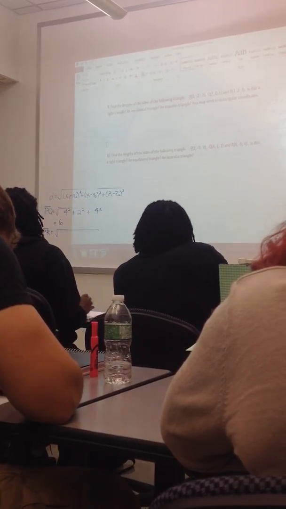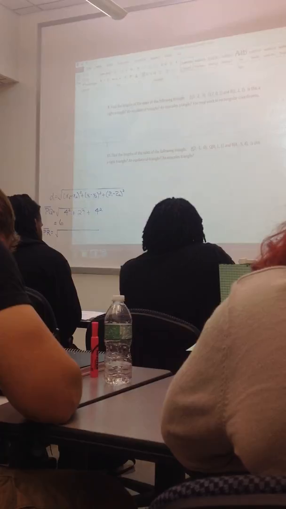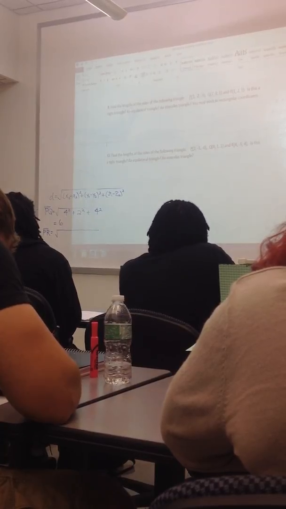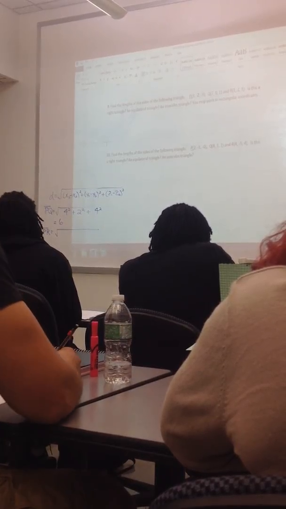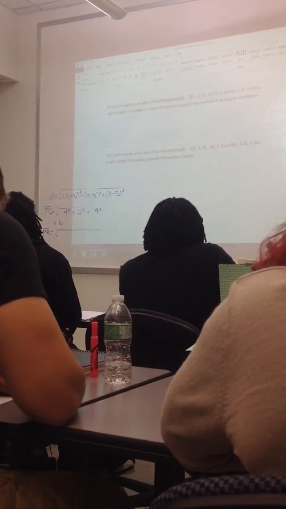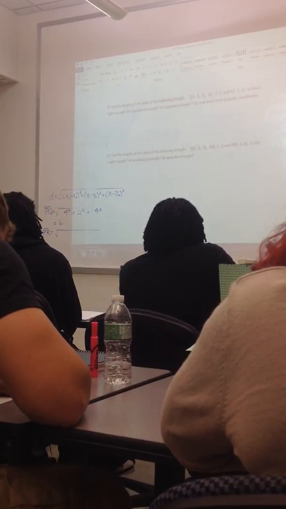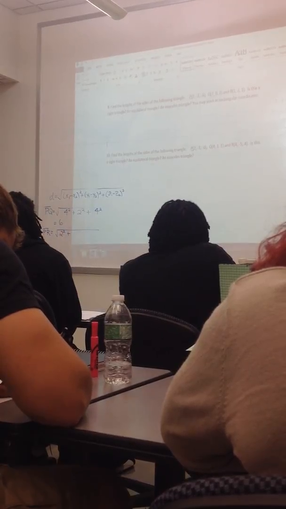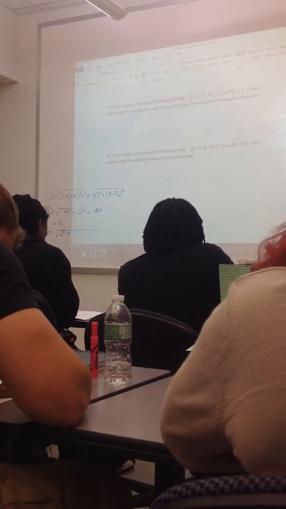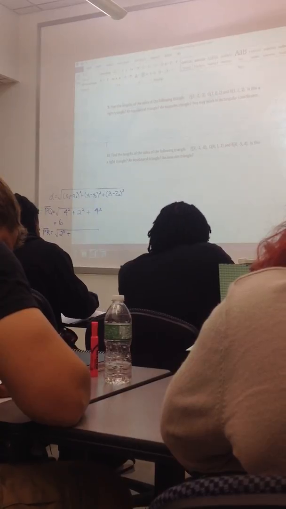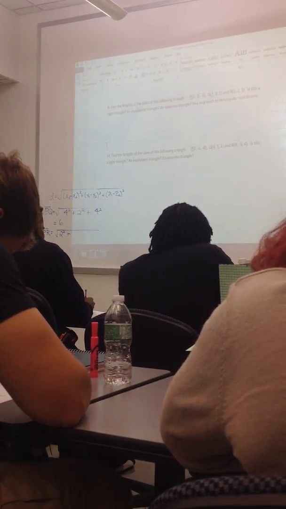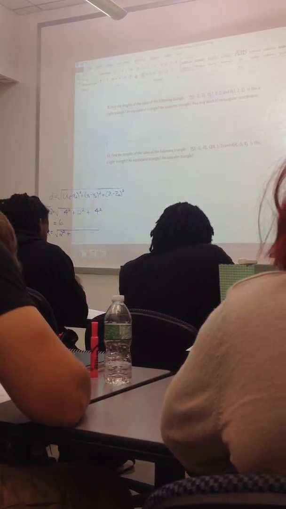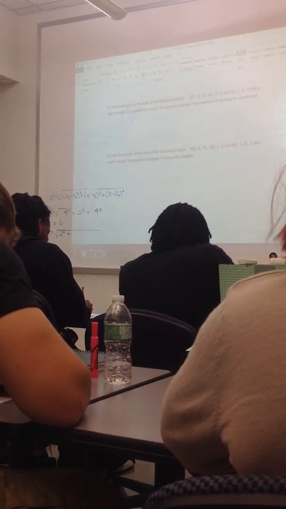So I'm finding the distance between P and R, that'll be a second side of the triangle. One x is 3, the other x is 1, the distance between 3 and 1 is 2. And then -2 is one of the y's, +2 is the other y. The distance between a -2 and a +2 is 4.